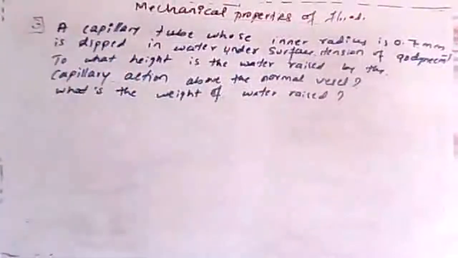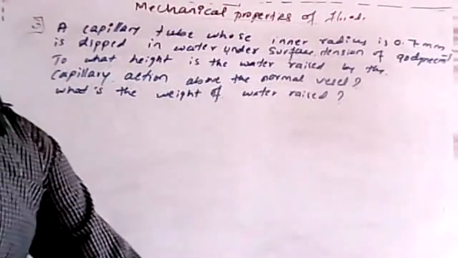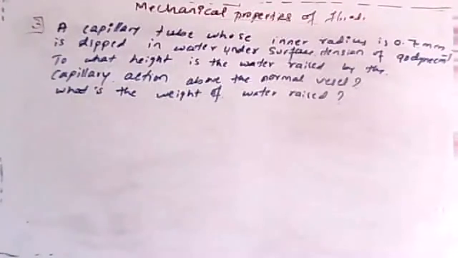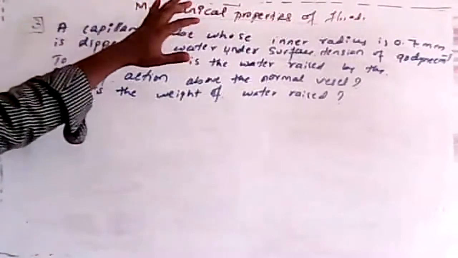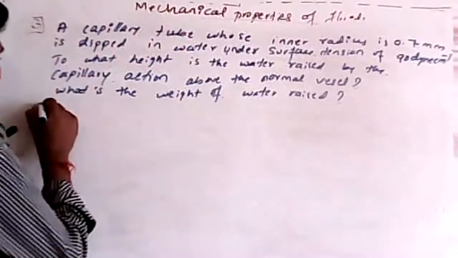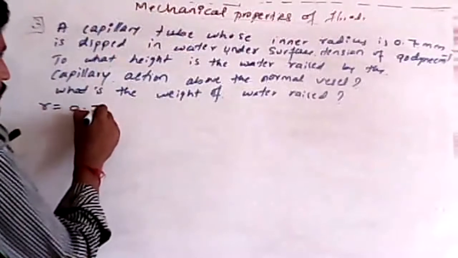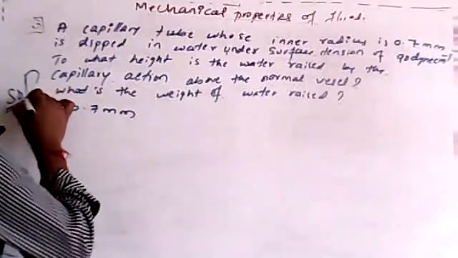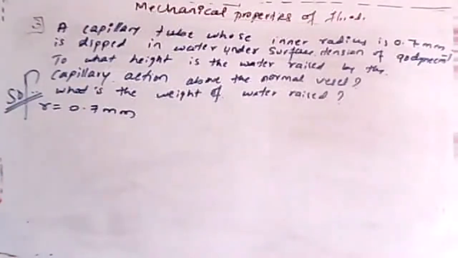Yes, students, just try this fast. We'll see how many of you are able to solve this. What have they given here, students? A capillary tube whose inner radius is given. Radius is nothing but 0.7 millimeter. Solution. Inner radius is given. It is dipped in water under surface tension.